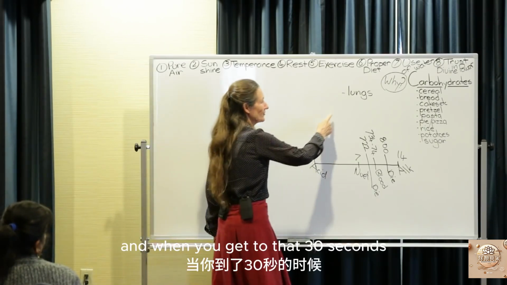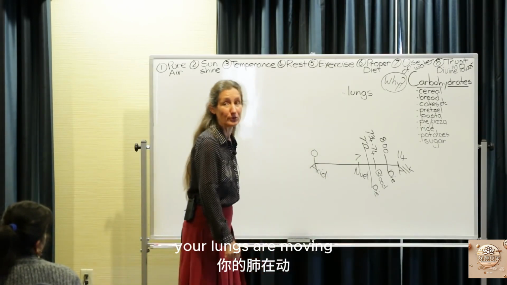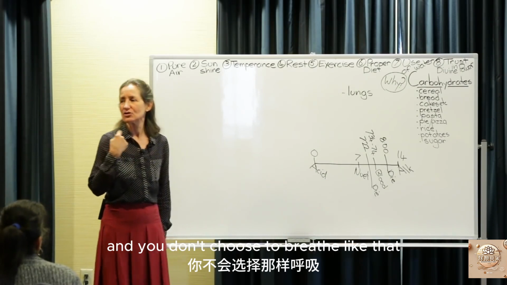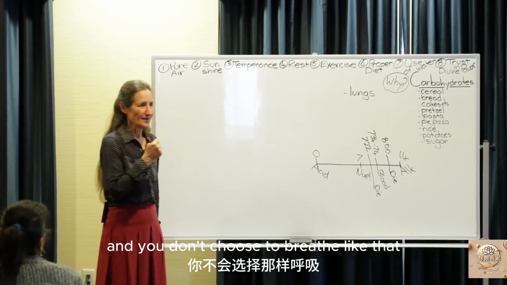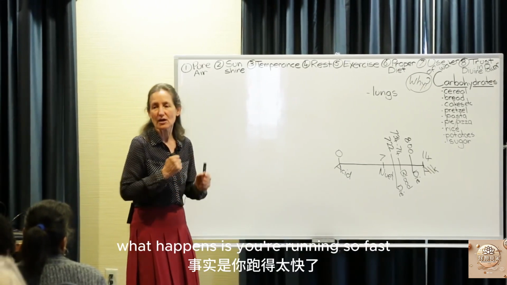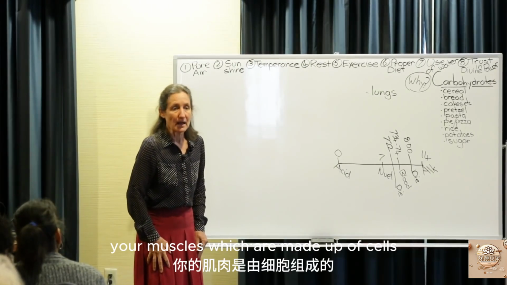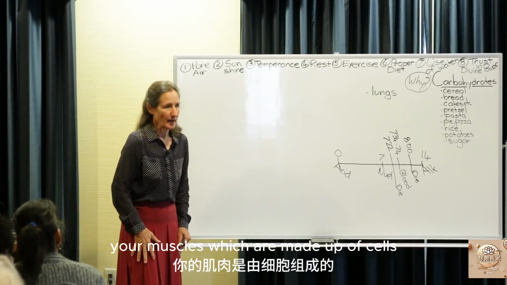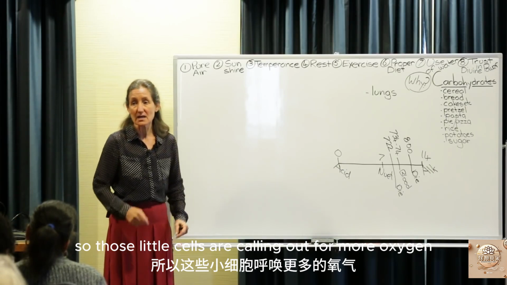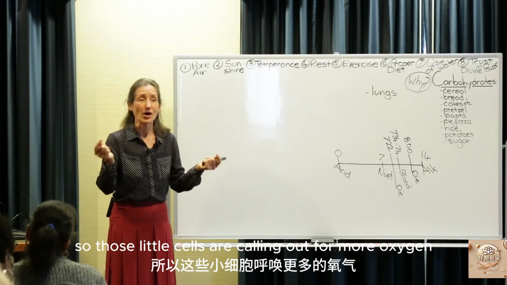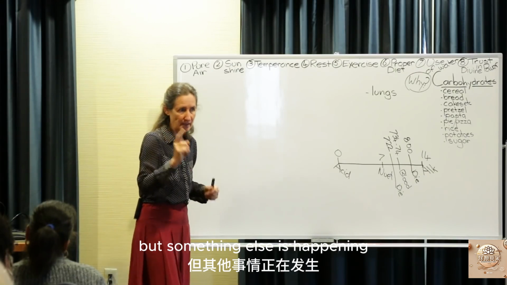And when you get to that 30 seconds, your lungs are moving. And you don't choose to breathe like that. What happens is you're running so fast, your muscles, which are made up of cells, so those little cells are calling out for more oxygen, but something else is happening.